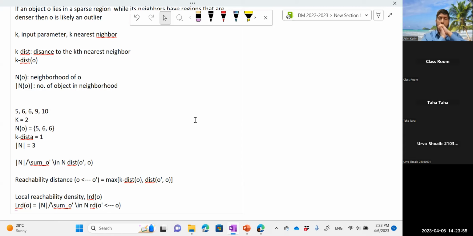ठीक है. So now this is defining the density of the region around point O, or is a way of defining the density around the point O. Exact density तो नहीं obviously, but it has the same concept.